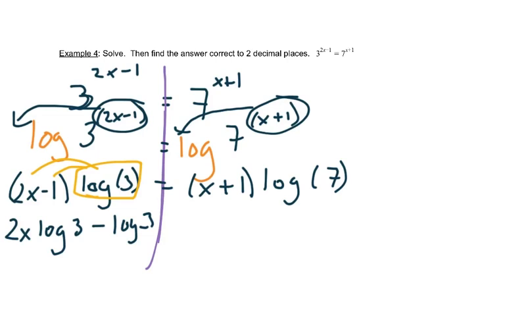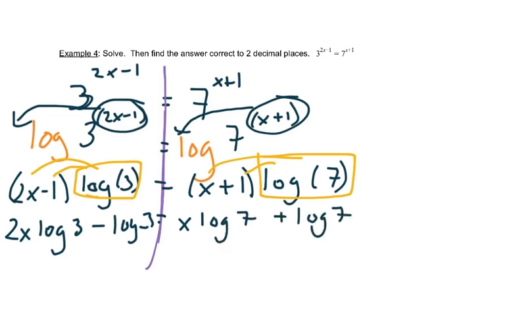And then we're going to do the same thing over here. This log of 7 is going to get distributed. So we'd have x log of 7 plus log of 7. So now we're going to move the things that have x's to the same side of the equal sign. So I'll subtract x log of 7 from both sides.